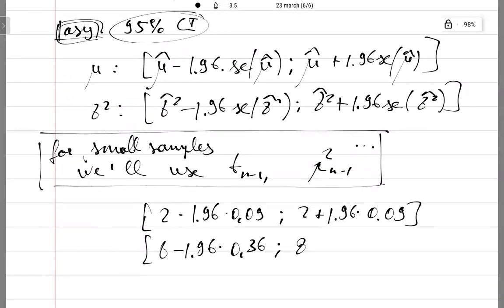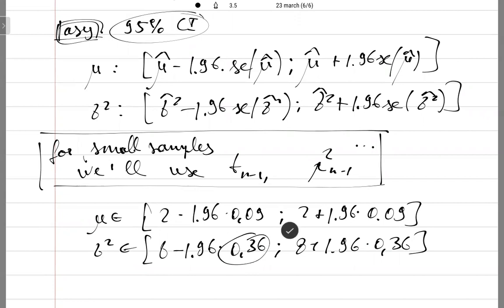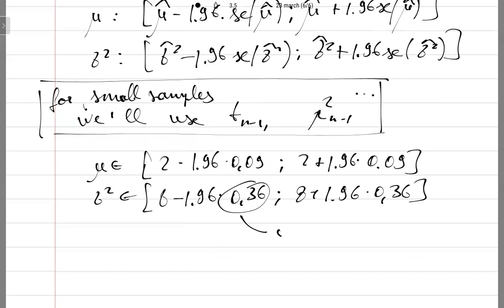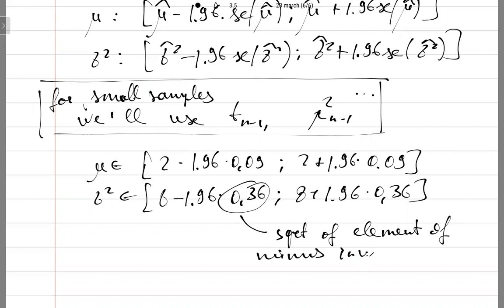So the structure of the answer asymptotically is the same. And what is the origin of that standard error? That's the square root of the element of the inverse of minus the Hesse matrix.